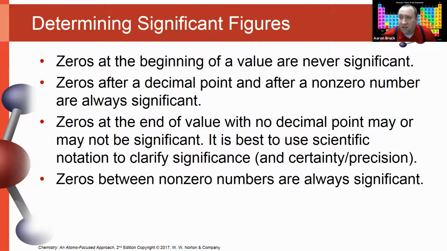When I have a measured value, non-zero numbers are significant, and zeros are the things that we have to watch out for. What kinds of things do we have to watch out for with regard to zeros? Well, first of all, if a zero is starting a number, those zeros at the beginning of a number are never significant. We call those zeros placeholder zeros.